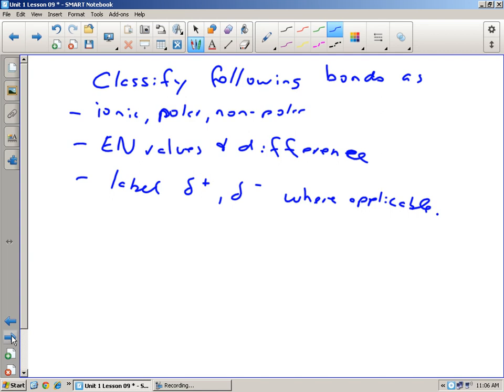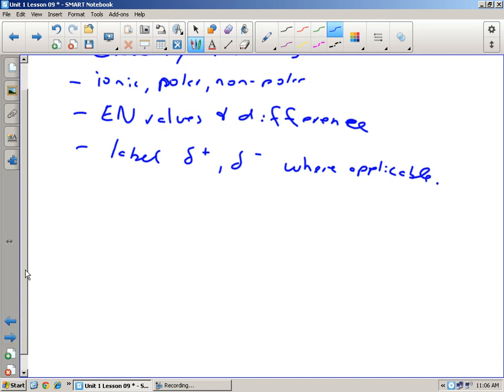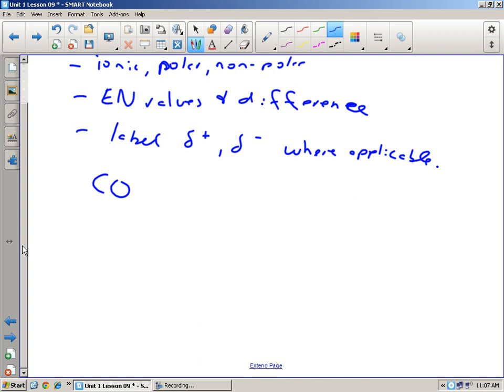So let's give you a few. I'm not going to have you draw them out, I'm just going to write down two elements, and I want you to classify them as the following and tell me which one would be partial positive, partial negative. Let's do C and O. K and O. KO. Knockout.